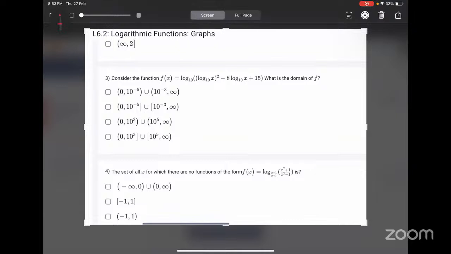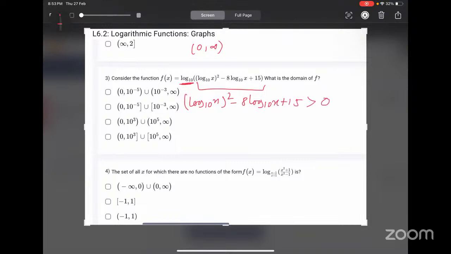The thing is, we know that the domain of logarithmic function is 0 to infinity, right? Here we have log of some function, but if I want to define the log, we need this portion to be greater than 0. So we will start with log 10x square minus 8 log 10x plus 15 greater than 0.